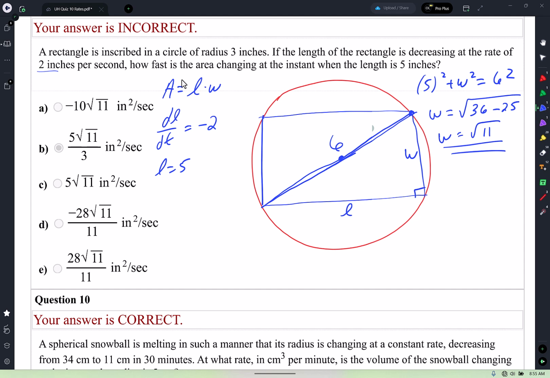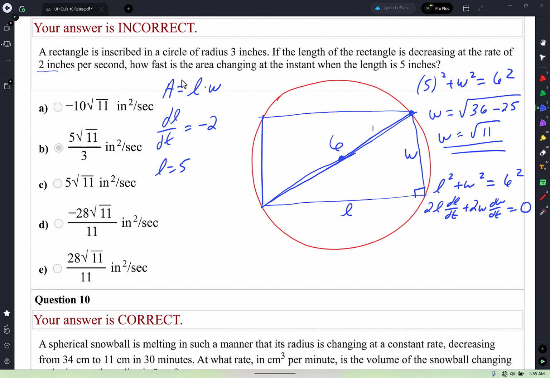How are you going to get dW/dt? Like this. L squared plus W squared equals 6 squared. Taking the derivative with respect to time: 2L dL/dt plus 2W dW/dt equals 0. Do you guys see what I did?